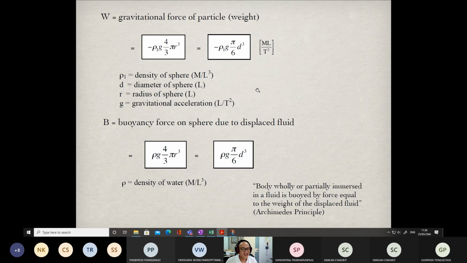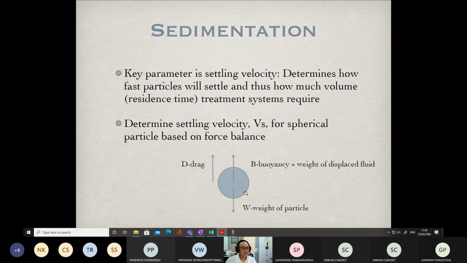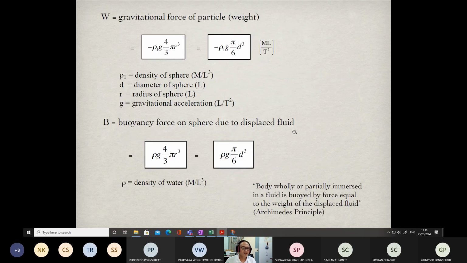So if you want to know the mass, you have to multiply the volume by the density. The density of the object is given as rho s, and the particle is basically a spherical shape. So the volume of the sphere is 4 over 3 pi r cubed. And finally you will get this term. This is the magnitude of the gravitational force.